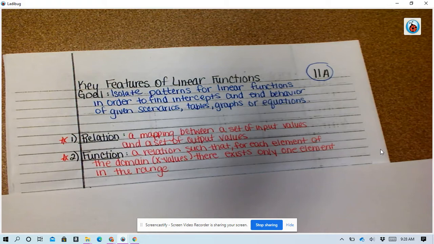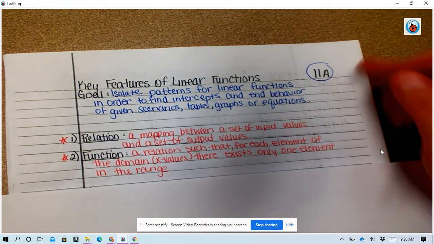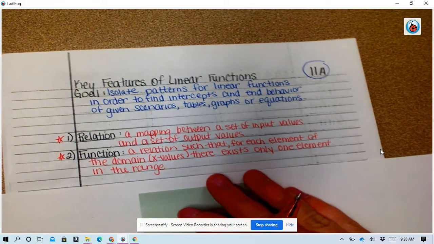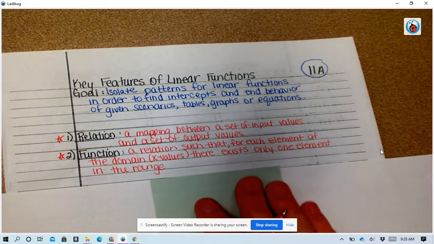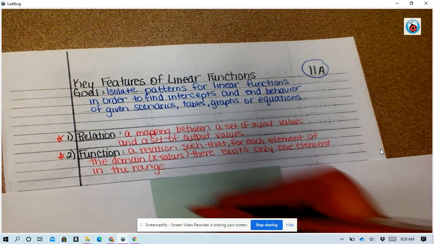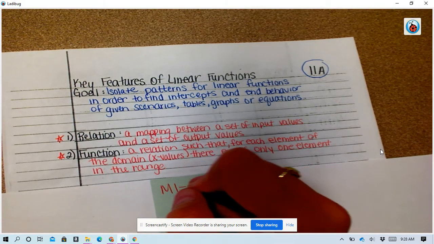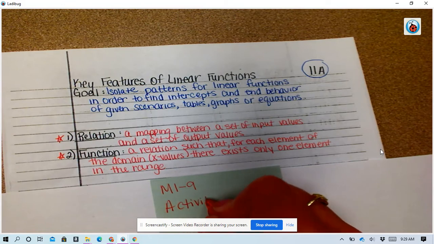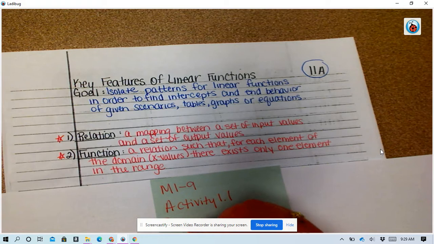And then once you have those vocabulary words written down, we are going to go to page M19 in your textbook. It's activity 1.1, recognizing and extending patterns.